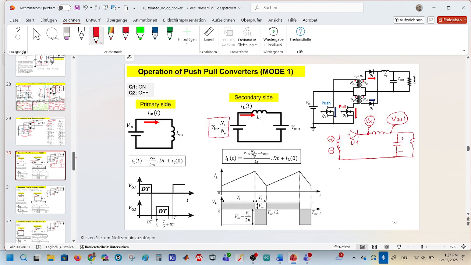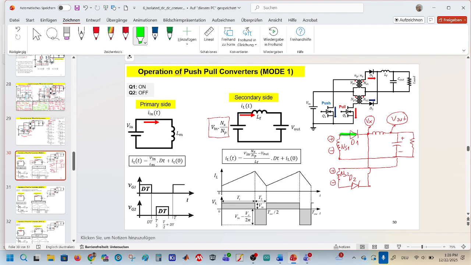And now I just want to write the secondary side as follows, like that. This is D2. I use this notation here. Don't be confused.